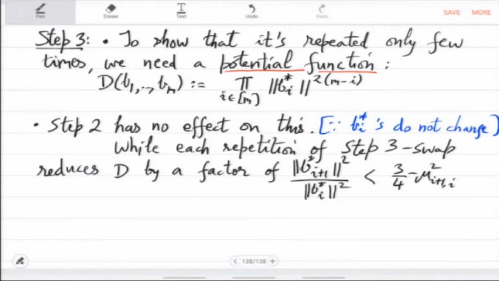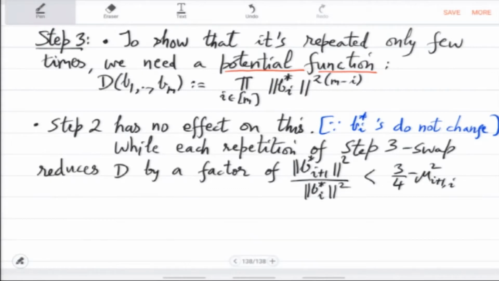Now mu square is at most 1/4. So this is less than what? This is less than half. Sorry, no, mu square is non-negative.